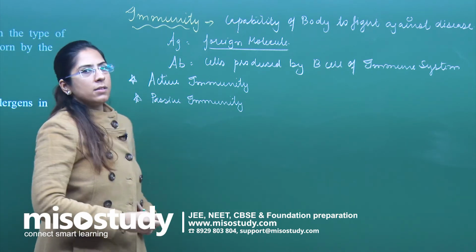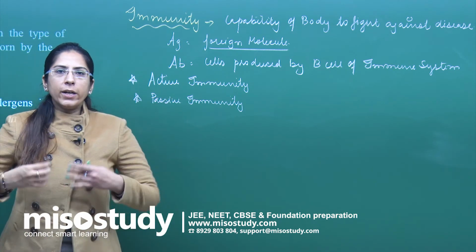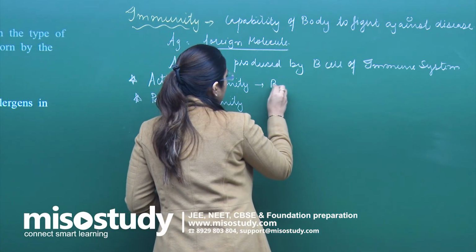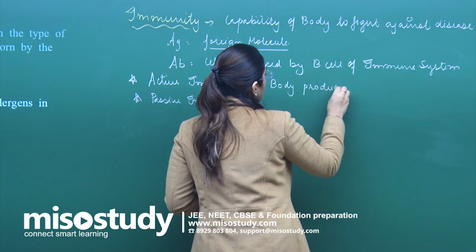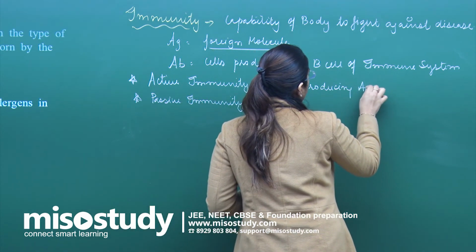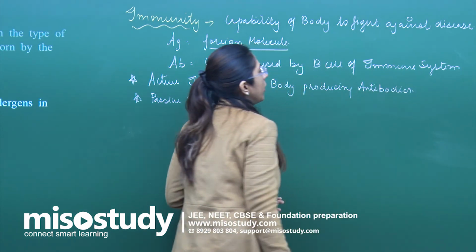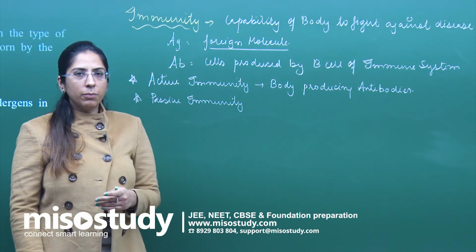Active immunity and passive immunity. So the active immunity means to say our body immune system is active and the body is producing antibodies. Body is producing antibodies, right? This is called an active immunity.